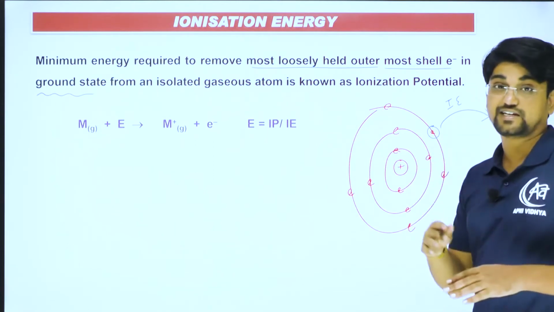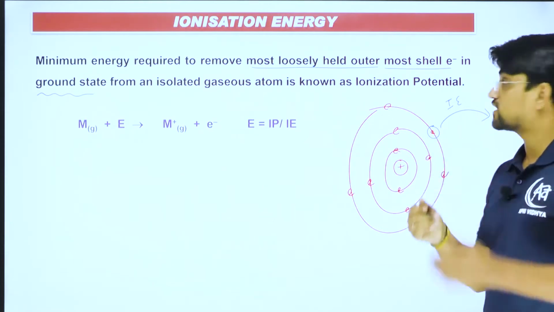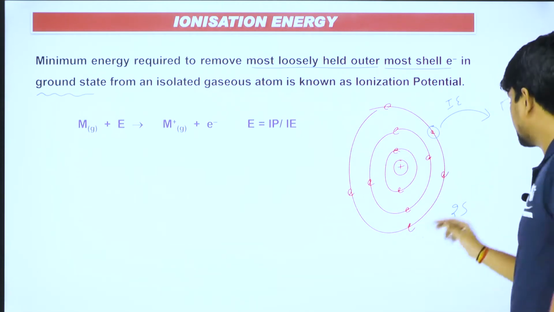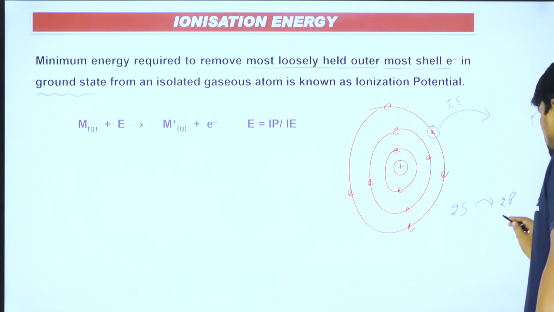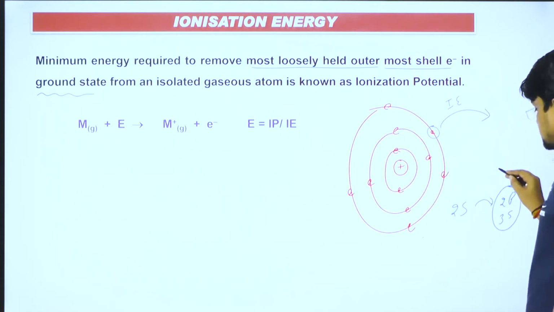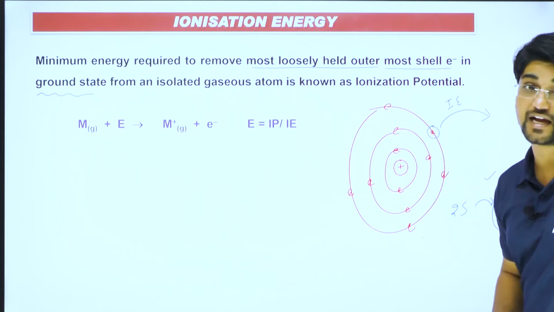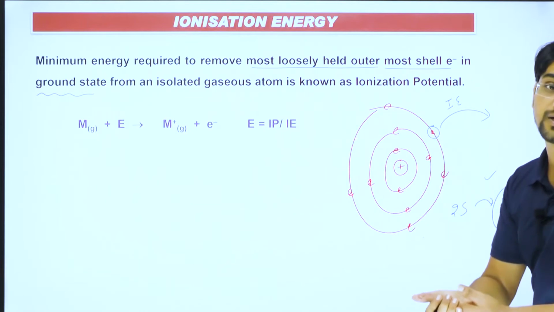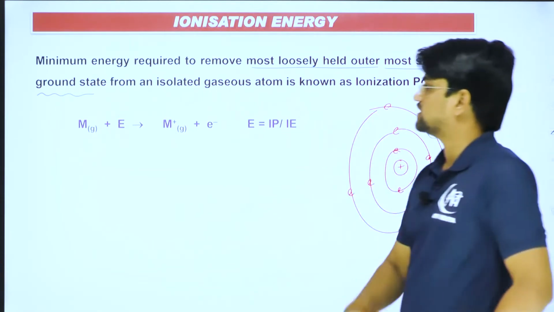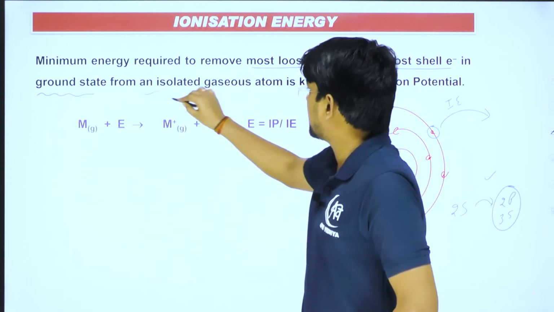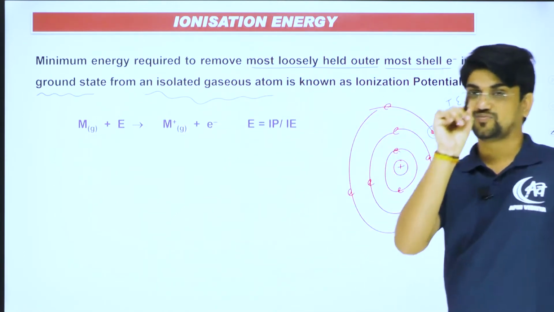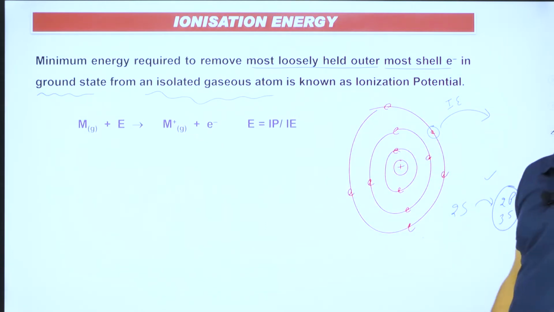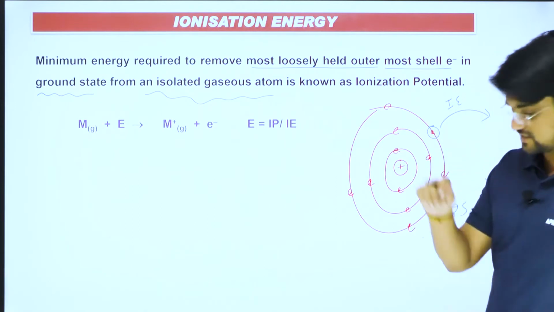If the electron is excited, it moves to a 2p or 3s shell. You have studied this in atomic structure: excited state means the electron is in a higher energy level. Next point, an isolated gaseous atom. The electron should be in an isolated gaseous atom, not in bonded conditions.